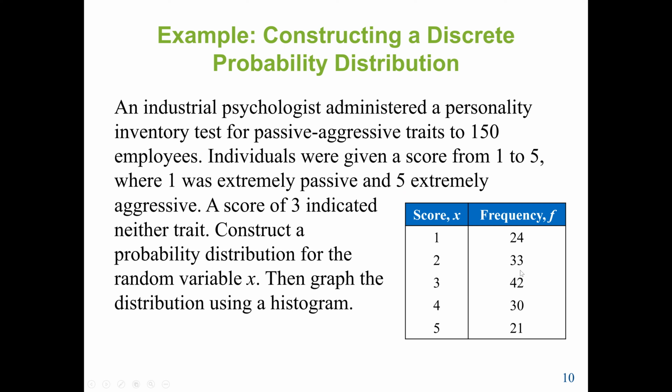Score 2, 33 divided by the total frequency. Up to 5, 21 divided by the total frequency. That will give us the probability. Now we have to make sure that for all the probabilities for the scores from 1 to 5, the values are between 0 and 1, and the sum of all the probabilities should be 1.